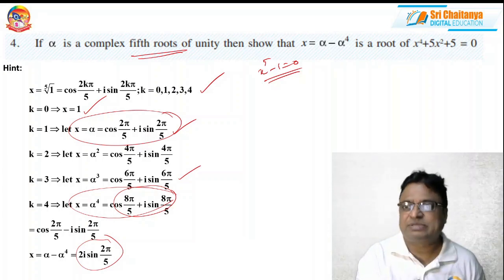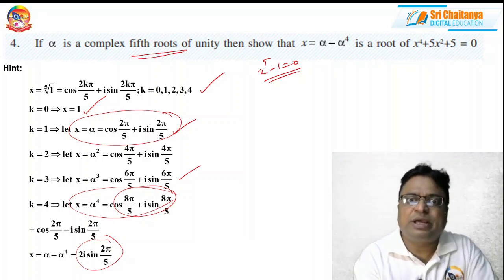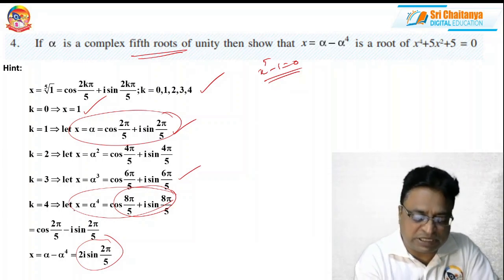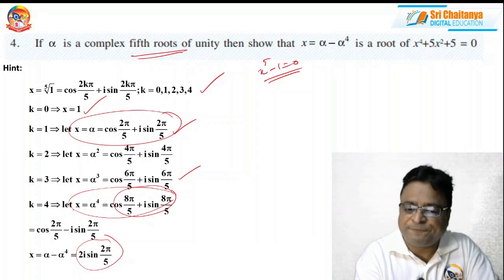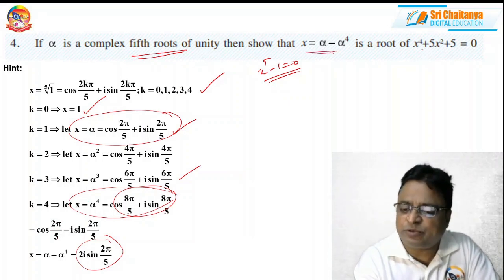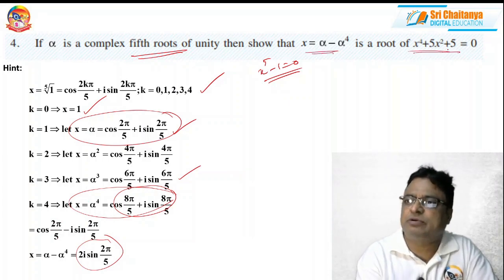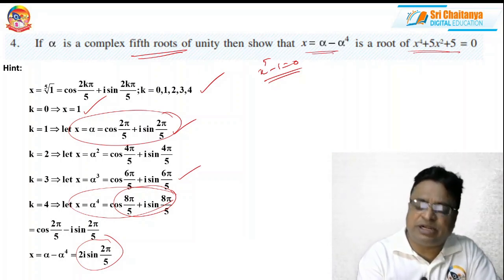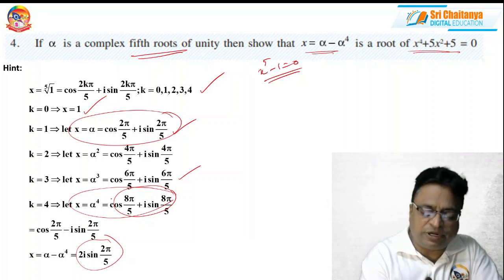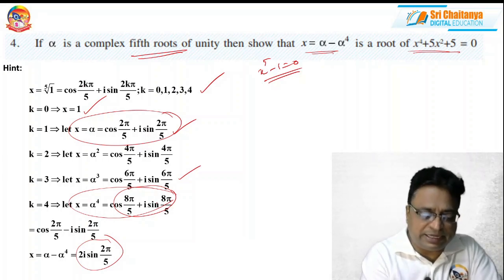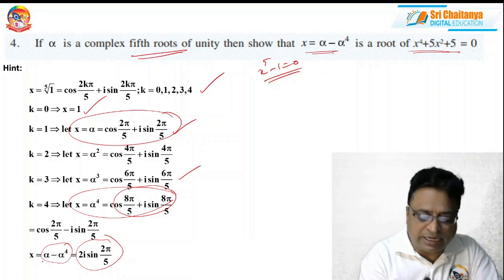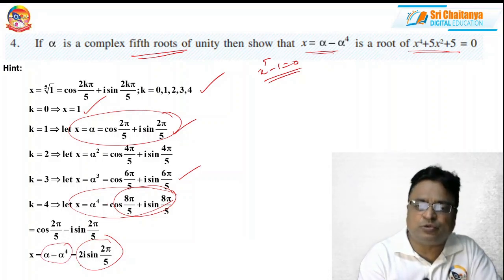So my friends, again, what I am saying is, here alpha is a complex fifth root of unity, and we have to show that this is a root of this equation. For that, I found all the roots, got the values of alpha and alpha power 4, and found the difference between these two.